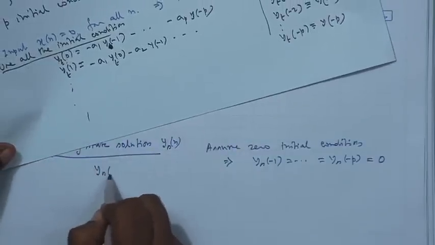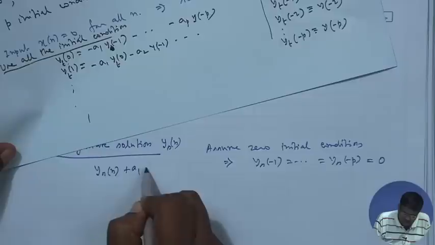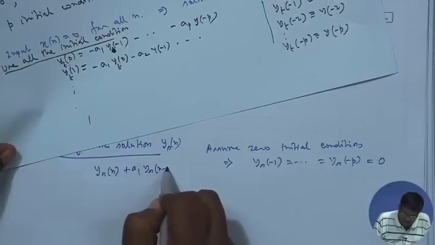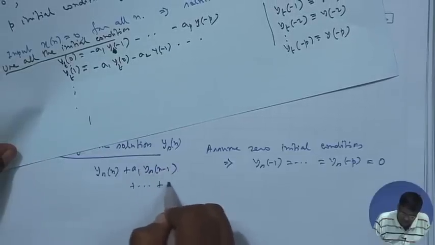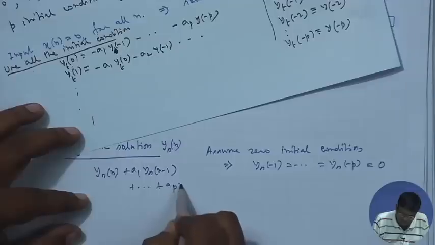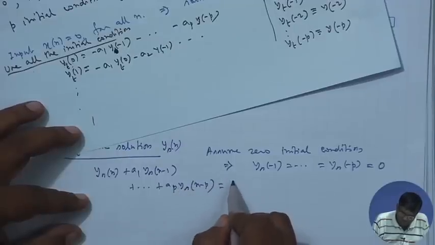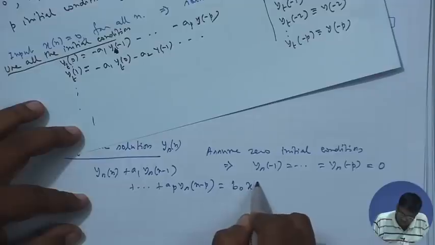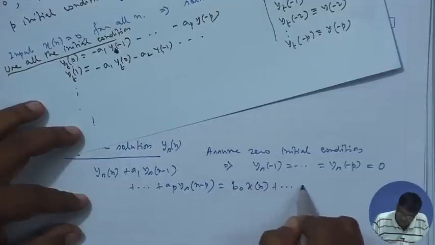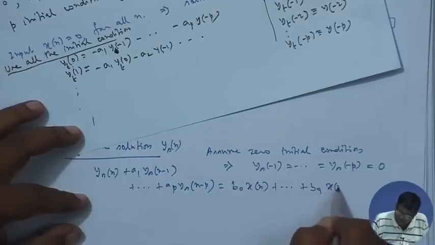Okay, that is I solve y s n plus a 1 y s n minus 1 and so on, the right hand side does not change.